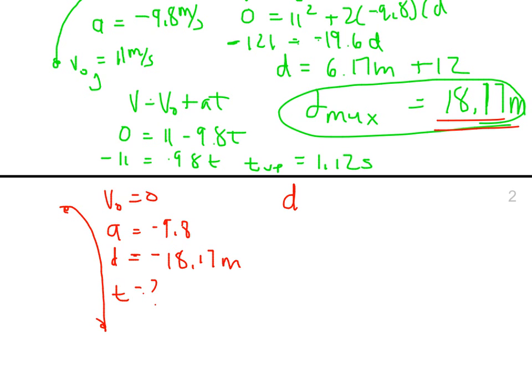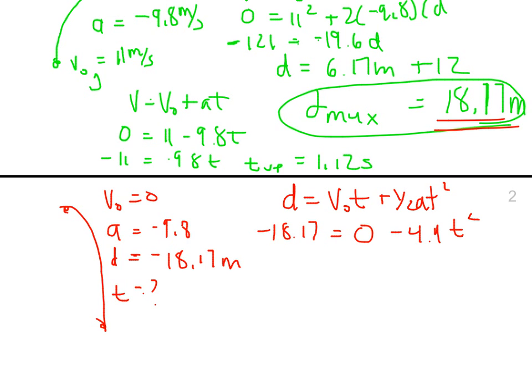So I know that d equals v naught t plus 1/2 at squared. Negative 18.17 equals 0 minus 4.9 t squared. Again, negative 9.8, half of that is 4.9. I have 18.17 divided by 4.9.